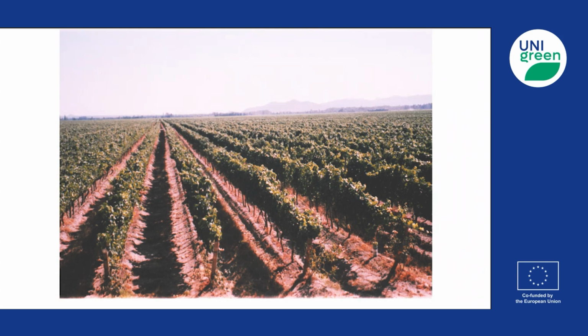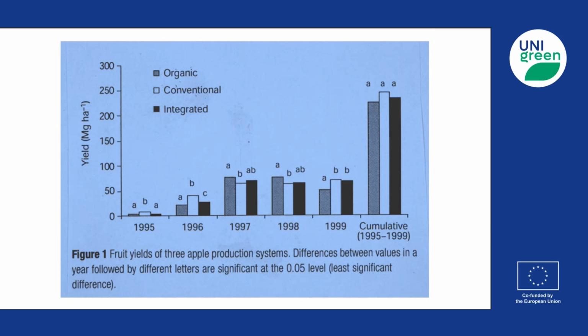This is Chile. It's an organic vineyard in Chile. It looks like a monoculture, isn't it? It could be conventional, but it's organic. And what we have seen is that, this is apple production in Washington. You can see here the cumulative benefits, there is no difference in yield between conventional, integrated, or organic.